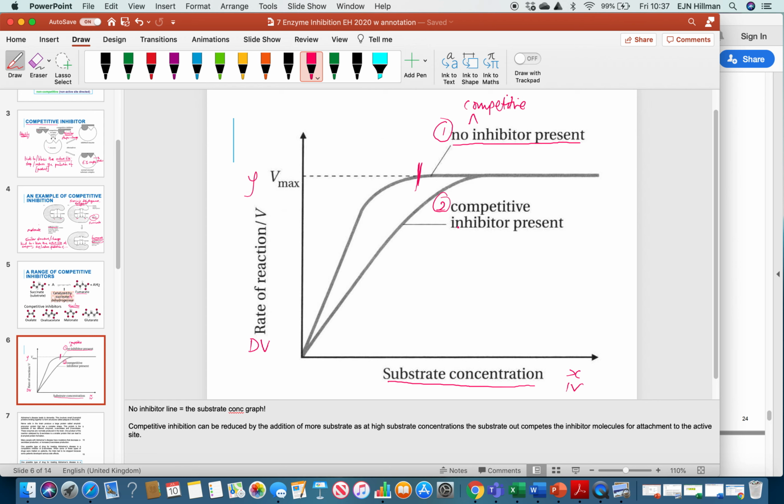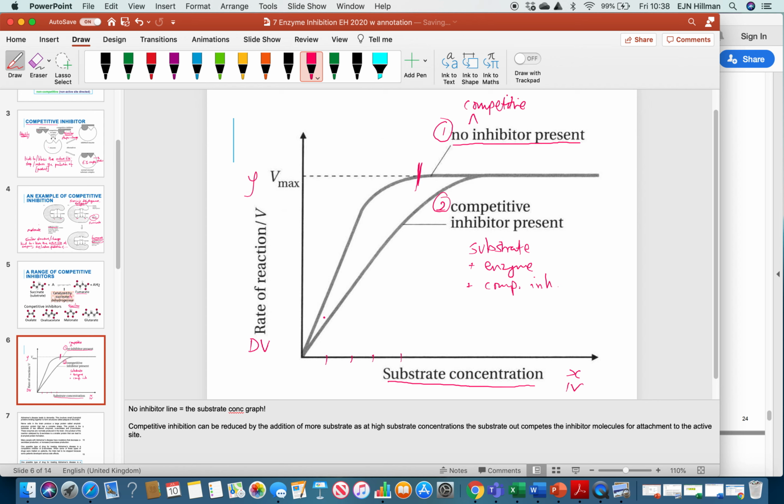If we compare that to the presence of a competitive inhibitor, okay, so if we add a competitive inhibitor to the reactions, we've now got the substrate plus the enzyme plus the competitive inhibitor in this reaction mixture, we can see that the rate of the reaction is lower at any given concentration of substrate.